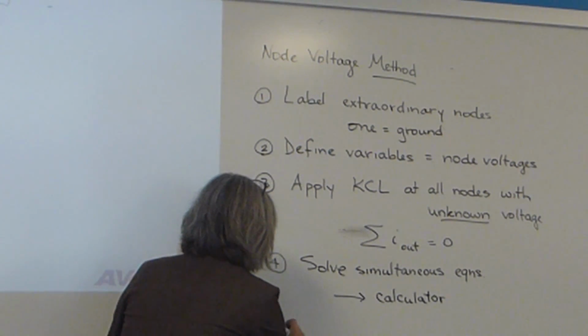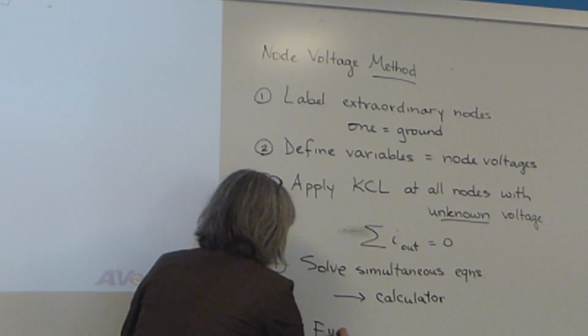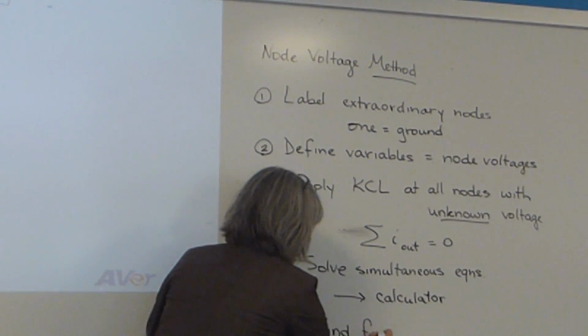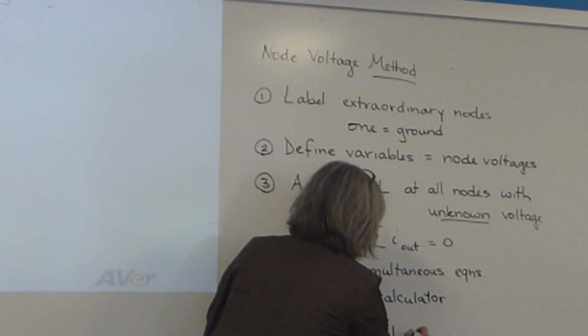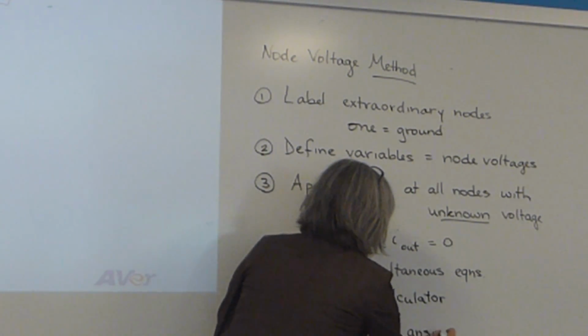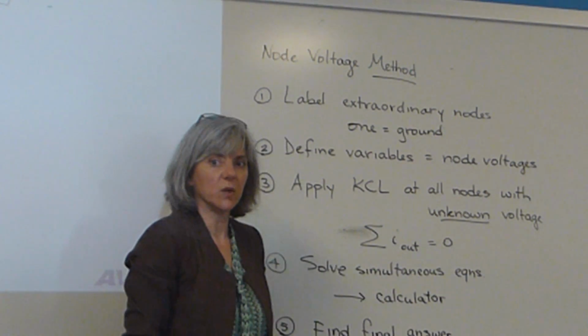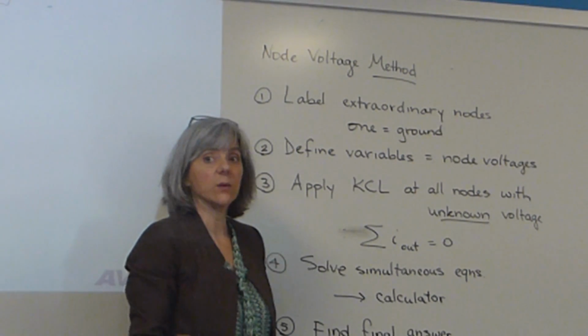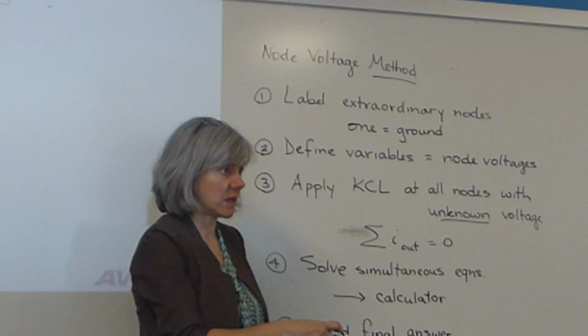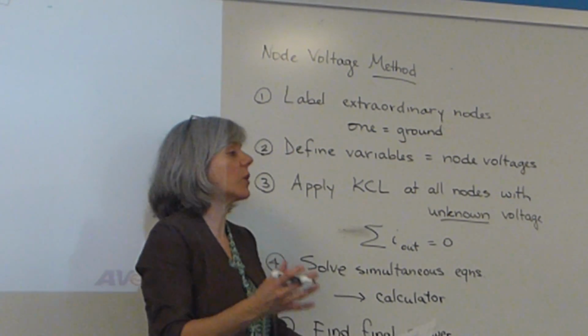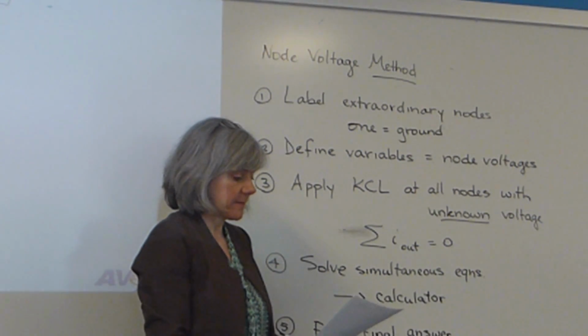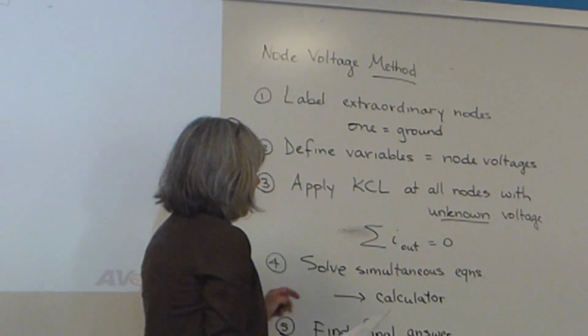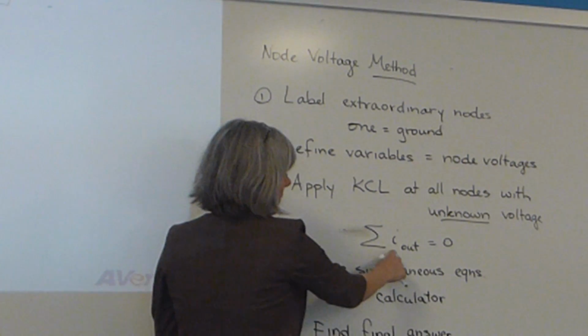So then our final step is to find the final answer, whatever it is we're looking for. Once you know all the node voltages, you know everything about the circuit. Likewise, when we get to the mesh current method, once you know all the mesh currents, you know everything there is about the circuit.